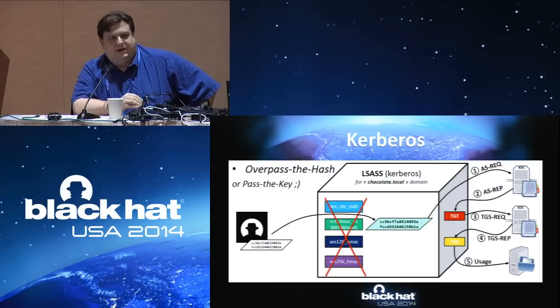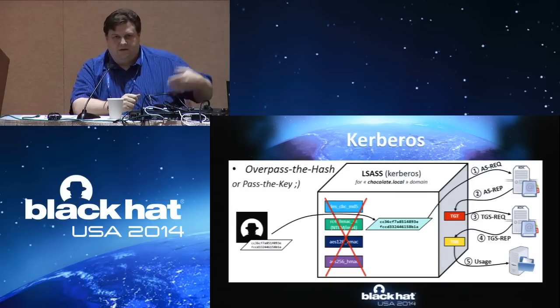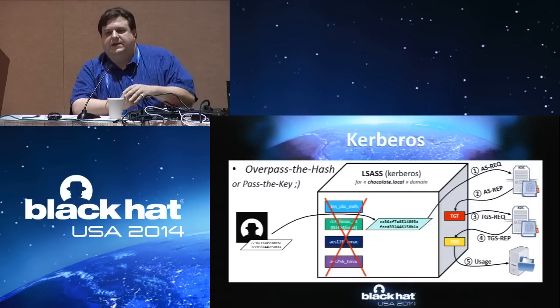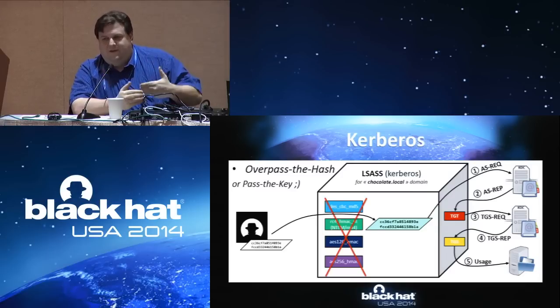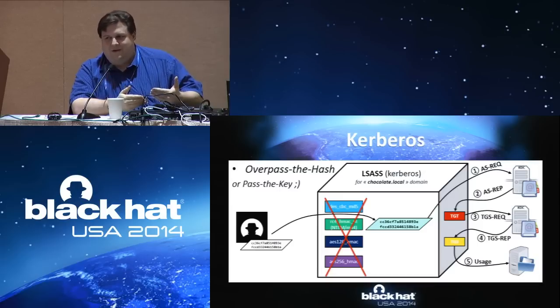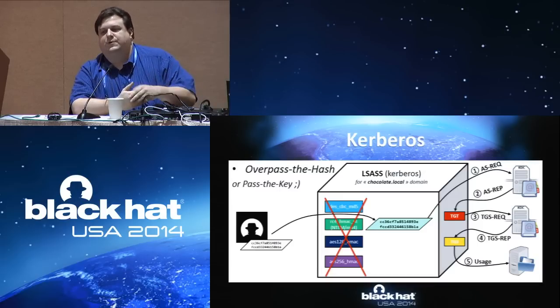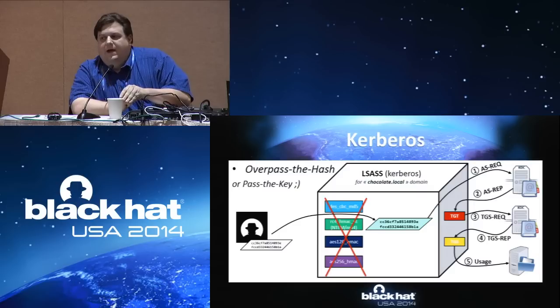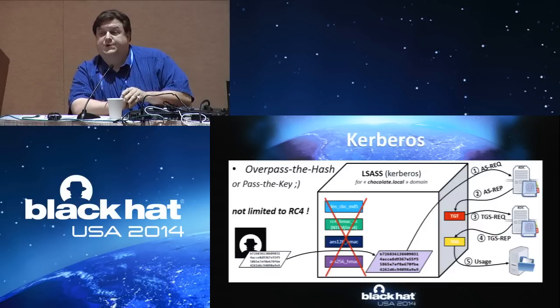Well, if you have the NTLM hash from a user, you can then just simply encrypt a timestamp and send it to the KDC, and you've demonstrated the same thing as if you've typed in the password because you have the key that gets used to encrypt the timestamp. And so you can end up with a full working Kerberos TGT for that user without actually having to know the password. And it also works with the AES keys.